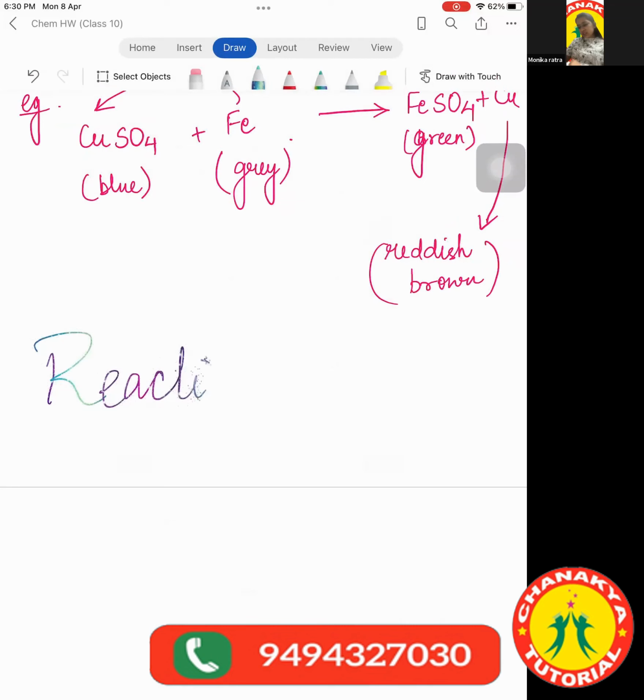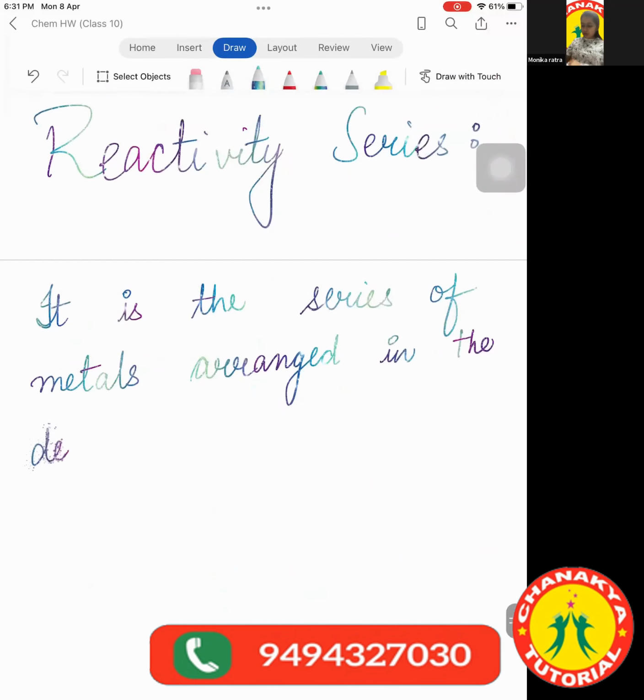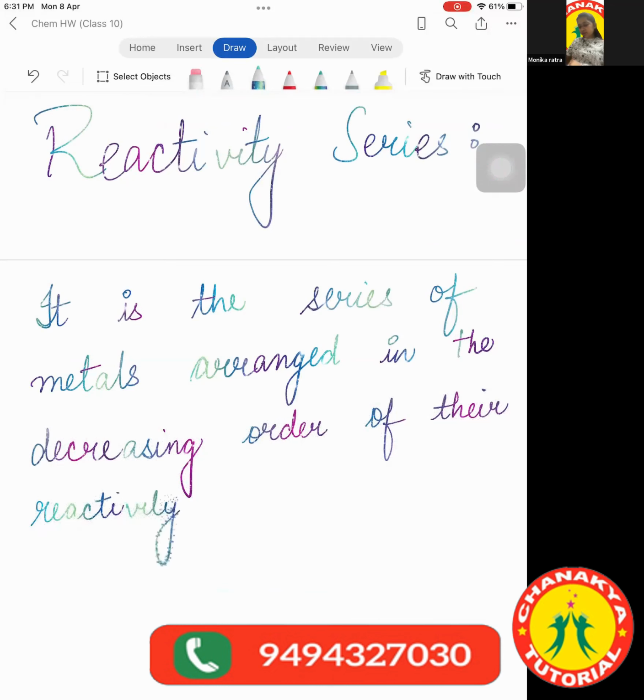So reactivity series, what is the reactivity series? It is the series of metals arranged in the decreasing order of their reactivity.